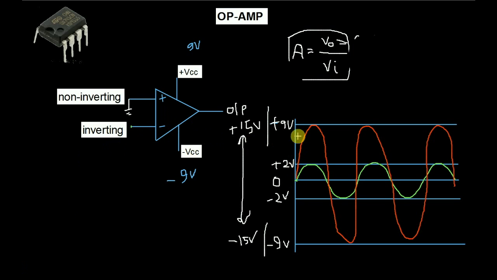Suppose that when we give the plus 2 volt peak to peak signal as an input to this op amp, some error has occurred and the amplification has increased beyond plus 9 volt and minus 9 volt.